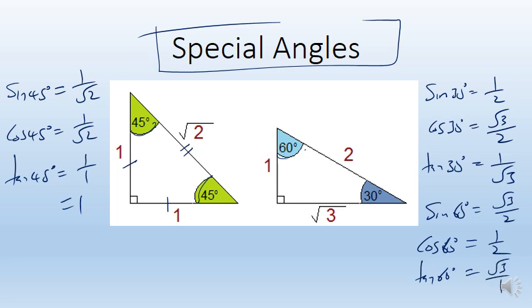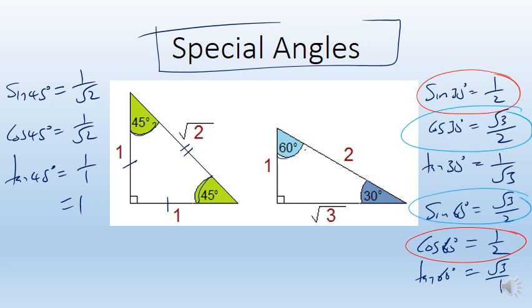Now you'll notice something very interesting here. Sine of 30 and cos of 60, I'm just going to circle them. Cos of 30, sine of 60. They are equal. And they are equal because these are what we call co-ratios.